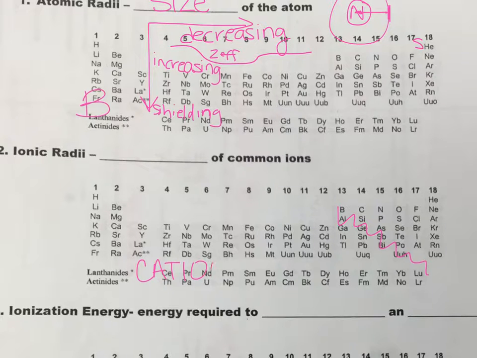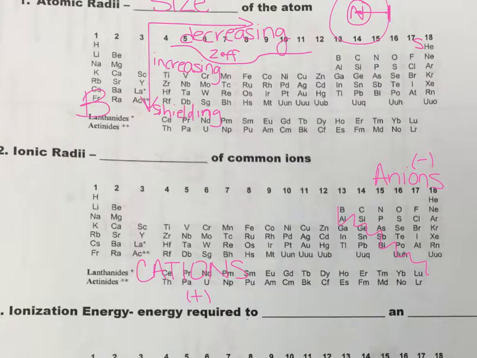Are cations positive or negative? Positive, right? Remember, with a little t in the middle. And then your anions are over here. Those are the negative ones. Basically, your anions are always going to be bigger than your cations.